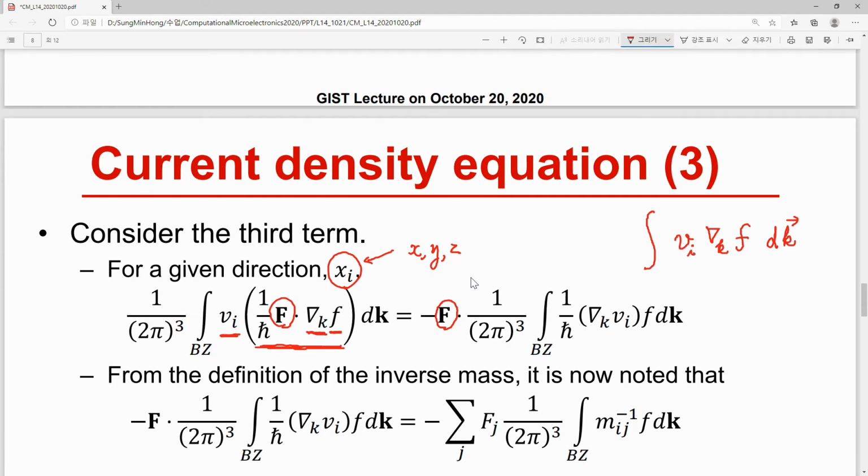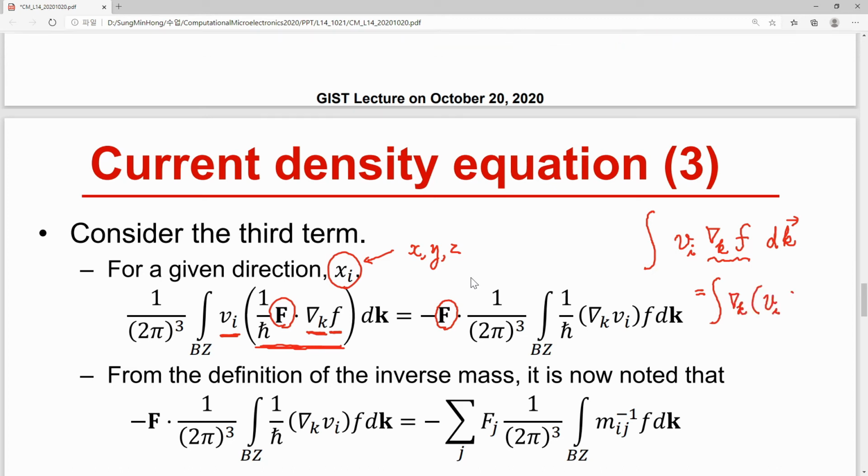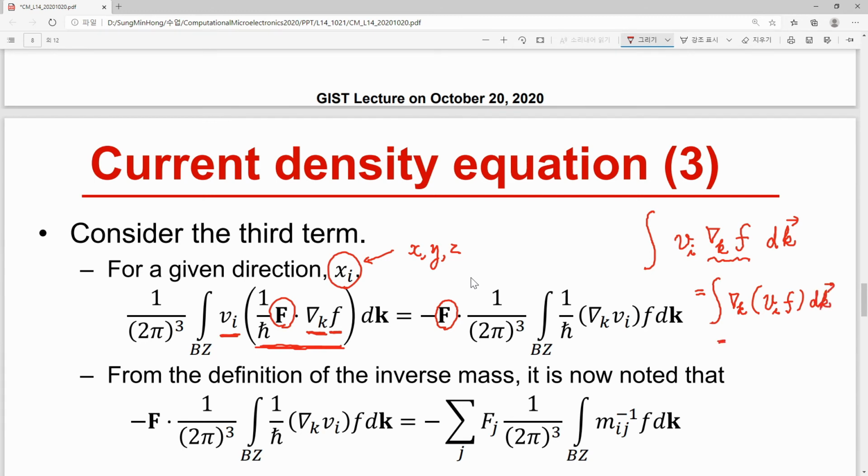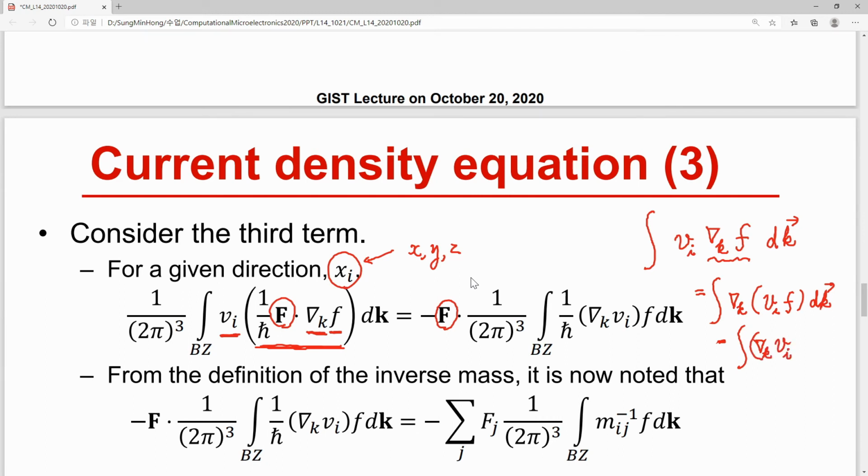So this is not a total derivative. What we have to do is make it a full derivative and take the minus of v_i's gradient and f.